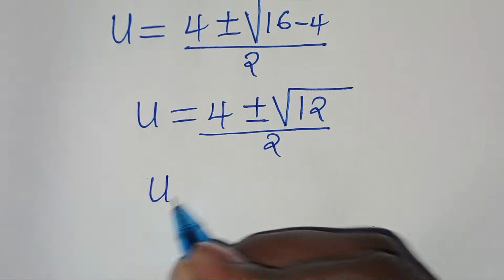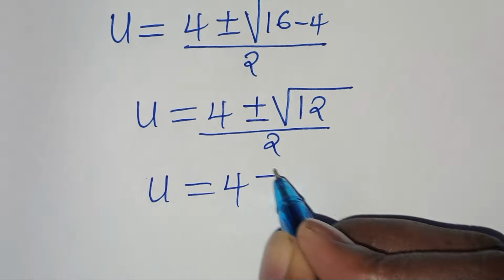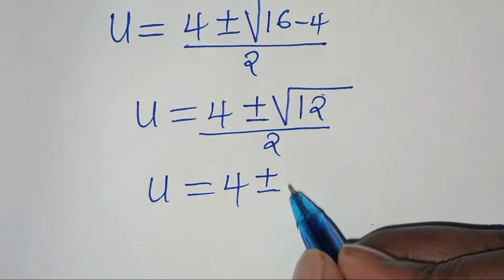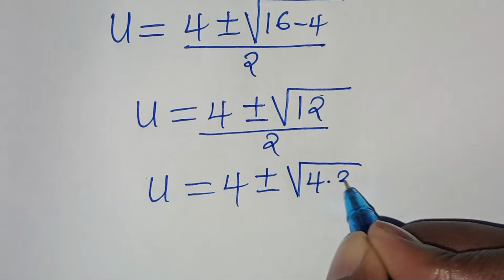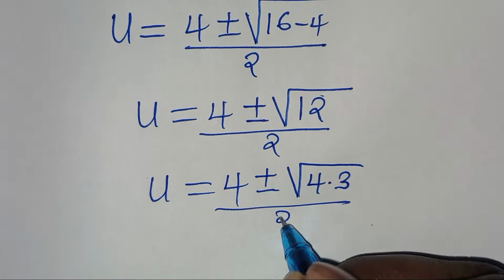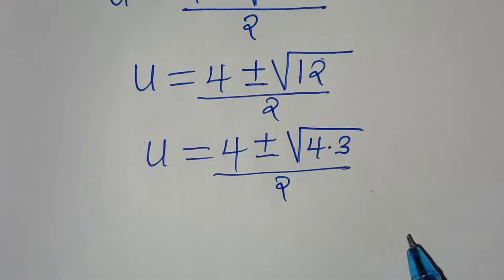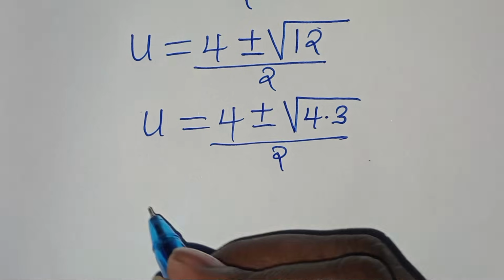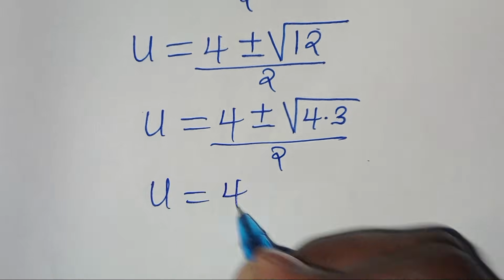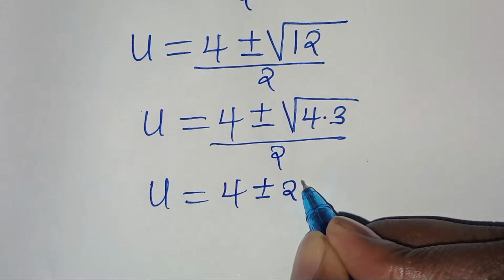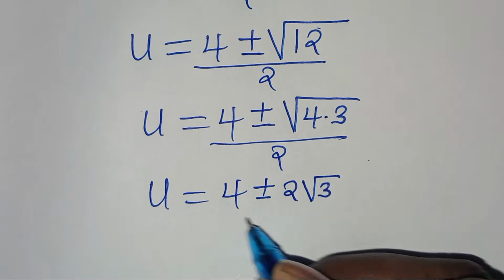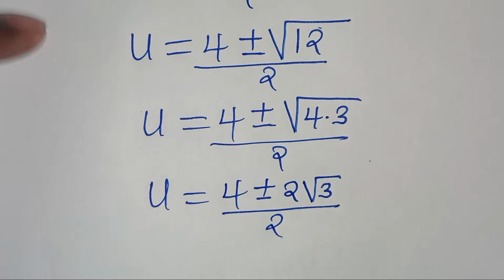Now u is equal to 4 plus or minus the square root of 12. We can express the square root of 12 as the square root of 4 multiplied by 3, divided by 2. Now u is equal to 4 plus or minus the square root of 4, which is 2 square root of 3, divided by 2.